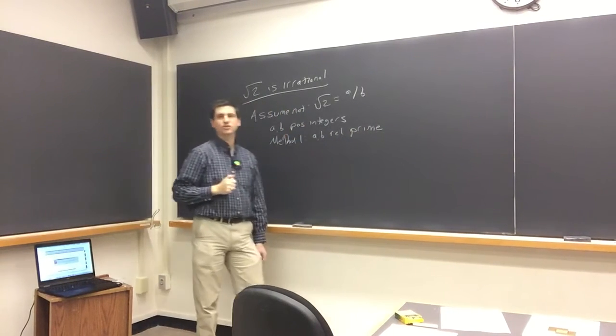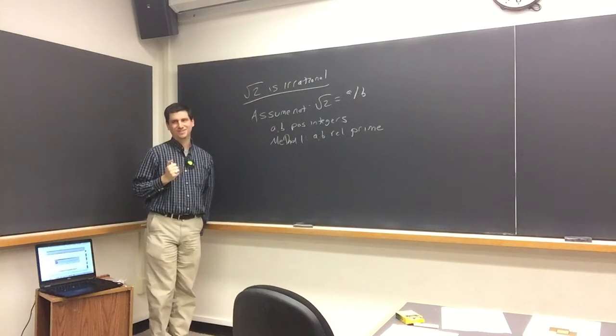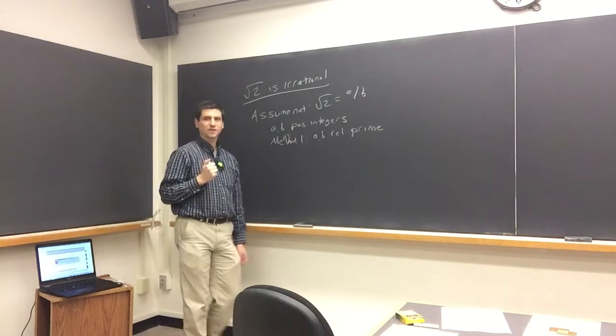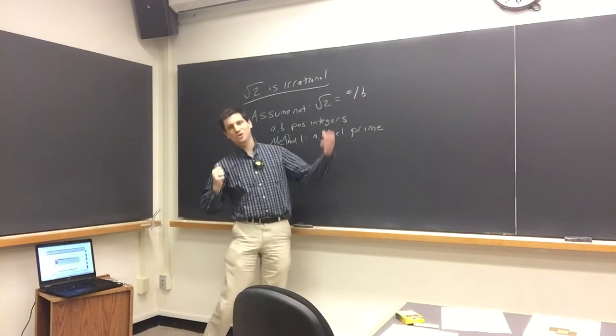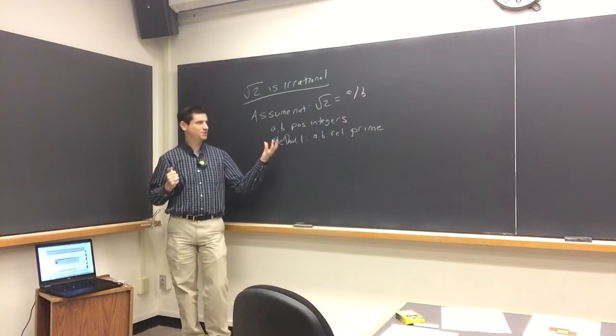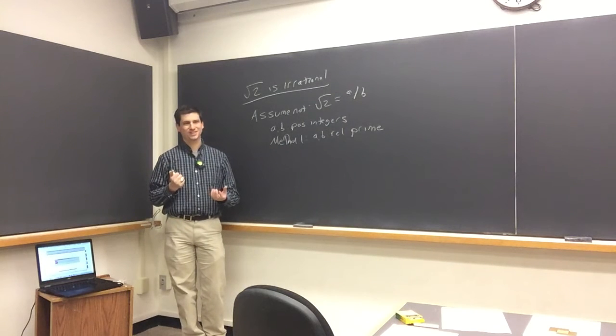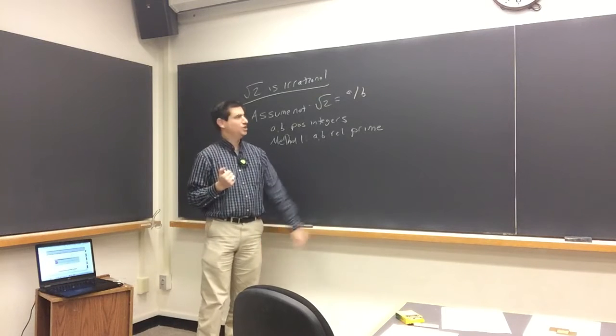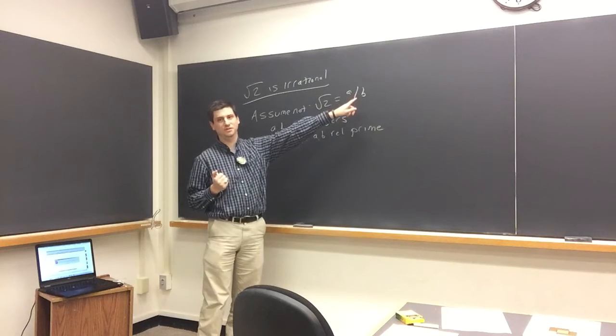There is a second approach. It's almost the same argument. But instead of saying they're relatively prime, what else could you say? Well, in some sense, if they're relatively prime, it's already reduced. But you're close with the most something. You could say with the smallest b.